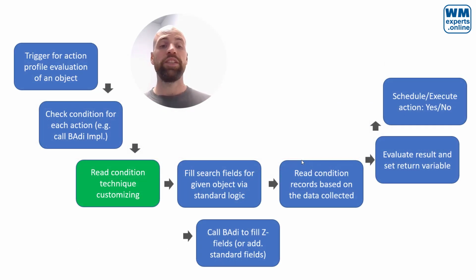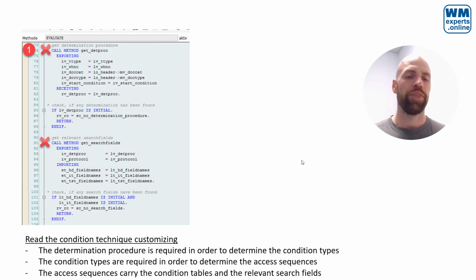So now we actually need to read the customizing as a precondition so that we can read condition records and compare the value from the condition records with the objects. So what is the important customizing in this context? That's pretty simple. First of all, we need to find a determination procedure, especially here in the context of the delivery object. A determination procedure is assigned to the document type.